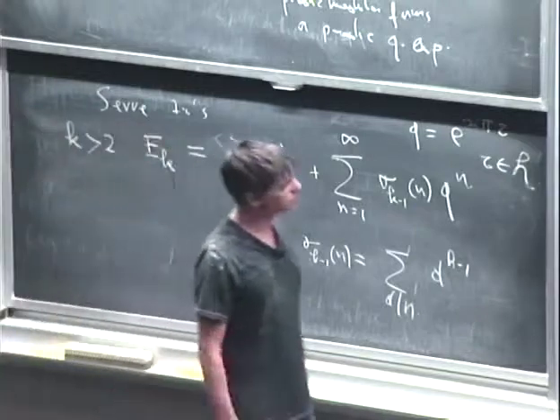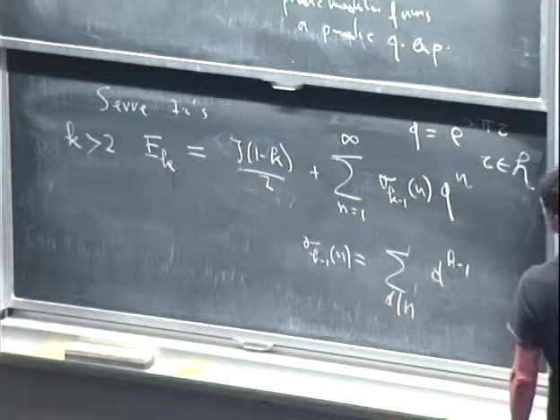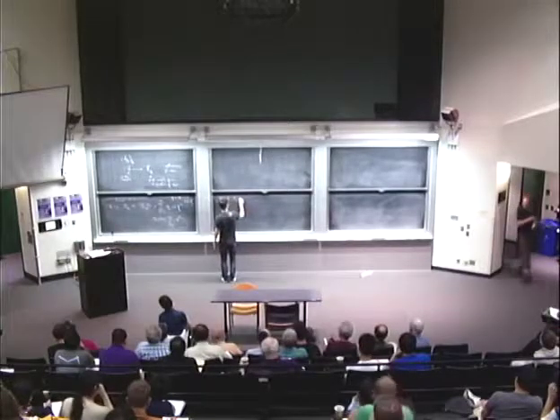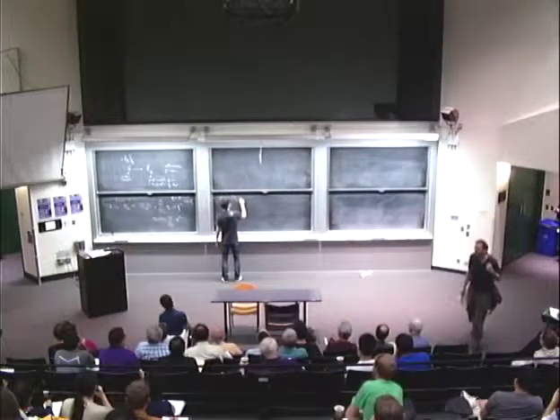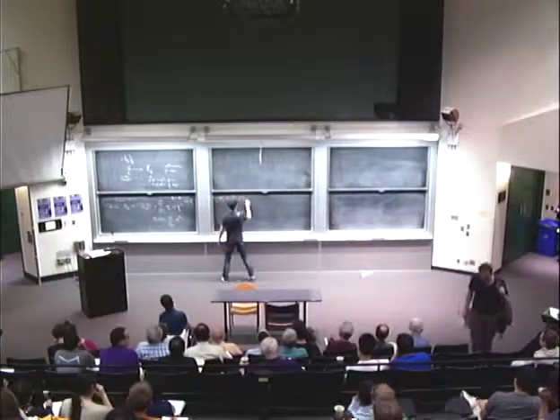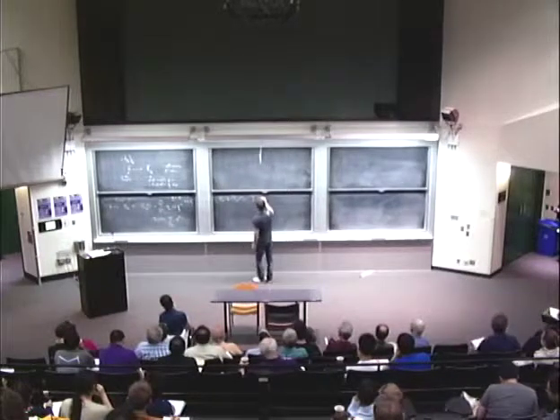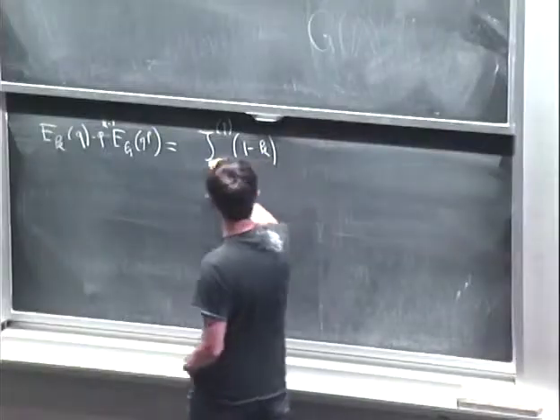So Serre remarked that if you look at Ek of Q minus p to the k minus 1 Ek of Q to the p, then what you get is, you remove one Euler factor at p for the constant term.